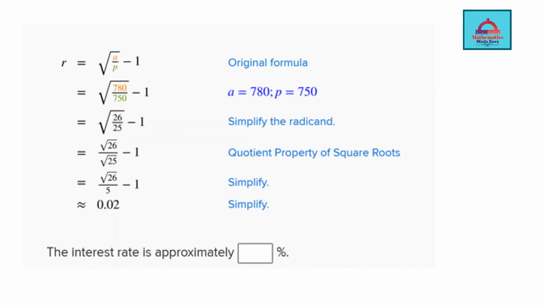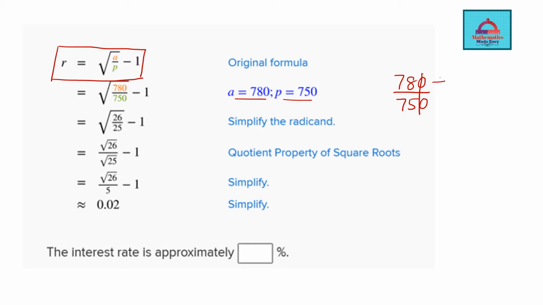Okay, so the formula that we are going to be using here is R equal to square root of A divided by P minus 1. A is given to be $780, P is given to be $750. So we can put that and then simplify. So if we are to simplify, we'll cancel the zeros. Now we can easily simplify by dividing this with 3.